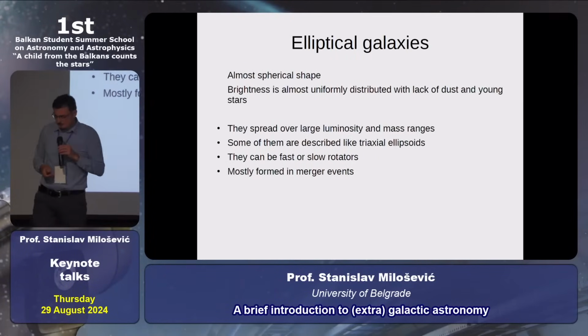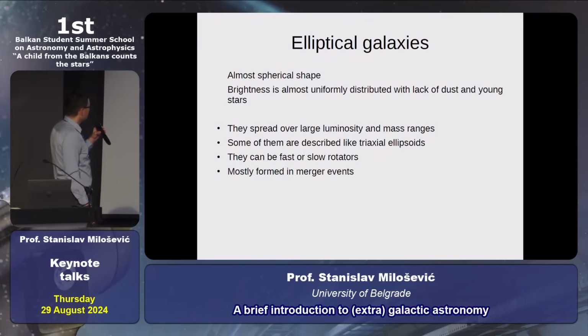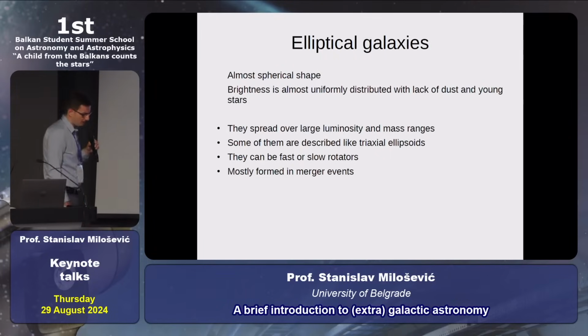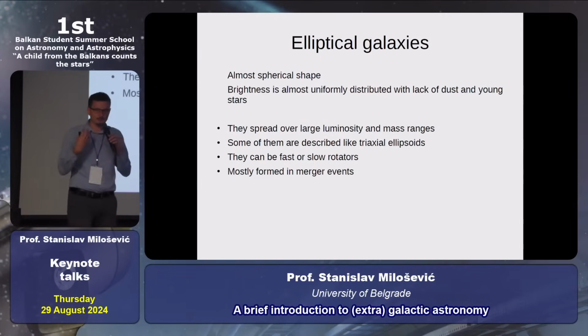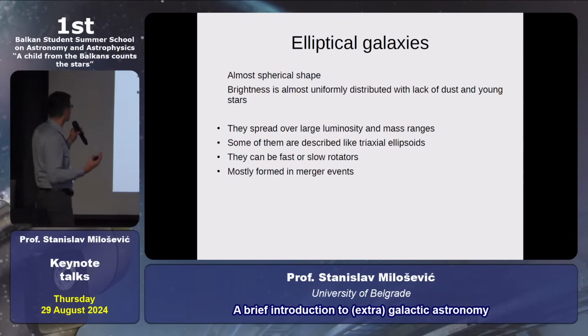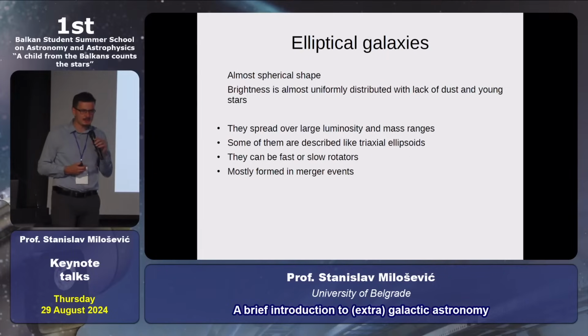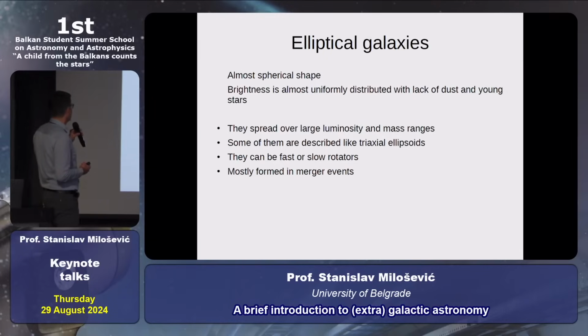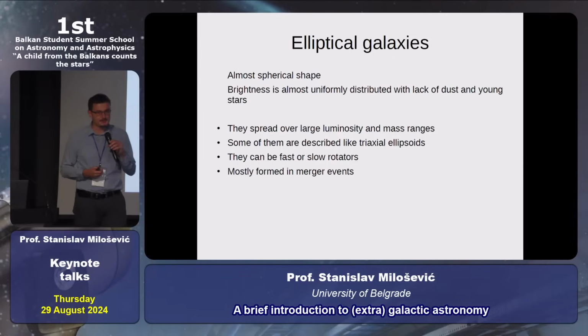And a few words about elliptical galaxies. I will have to hurry up. They're not so interesting as spiral galaxies, because they have almost spherical shapes, brightness is almost uniformly distributed, and they do not have too much dust, gas, and young stars. They also spread over large ranges of luminosities and masses.